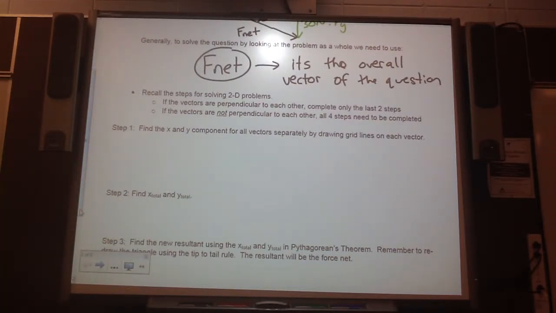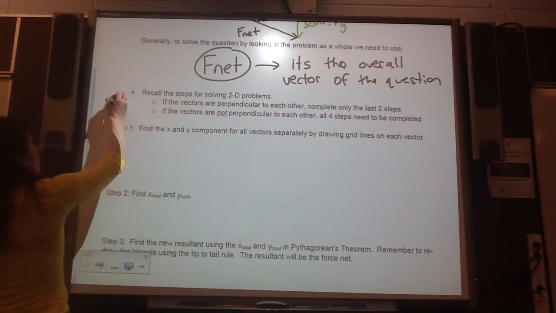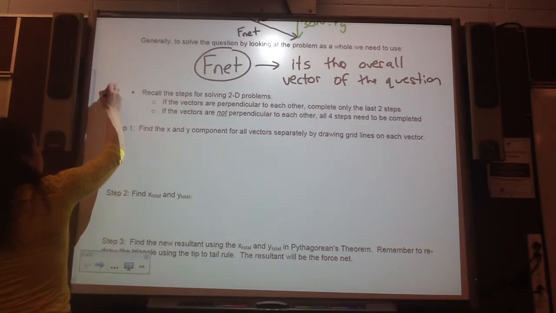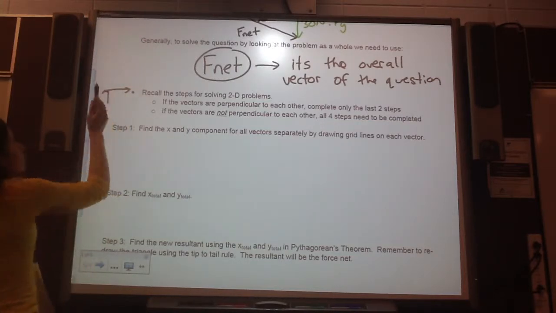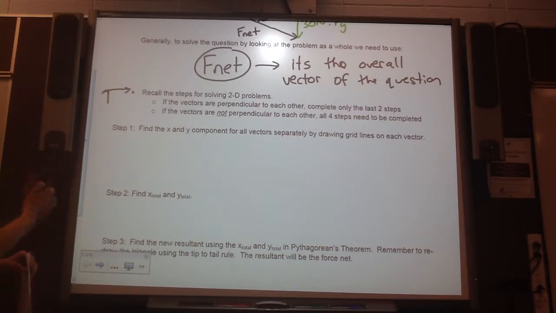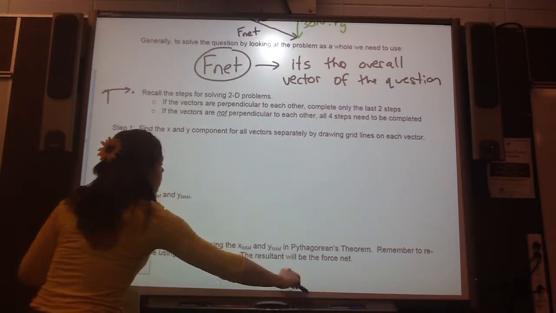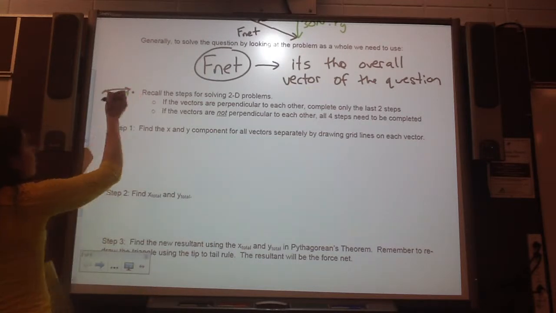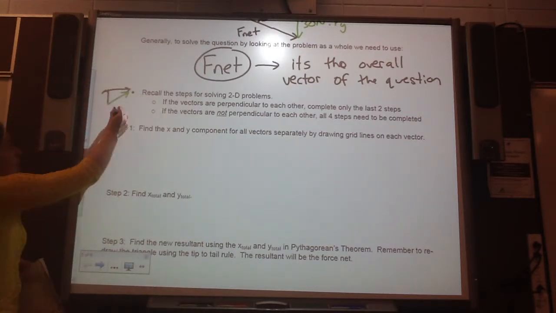So when we're solving for 2D problems, if vectors are perpendicular to each other, like one up and one over, something north and south and something east and west, that's a little bit more simple because then you can just draw your overall vector and solve for it.